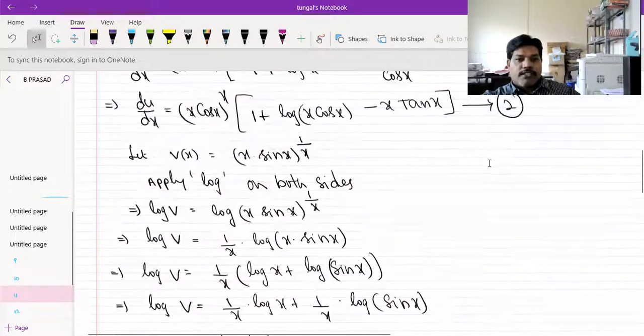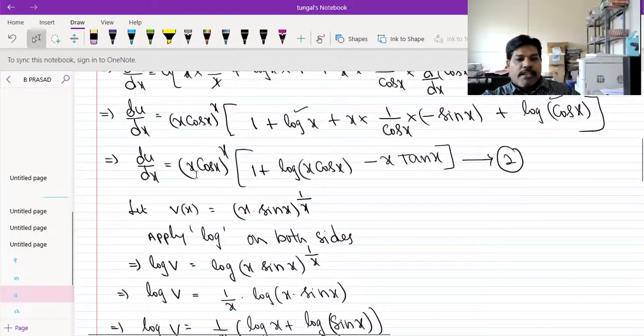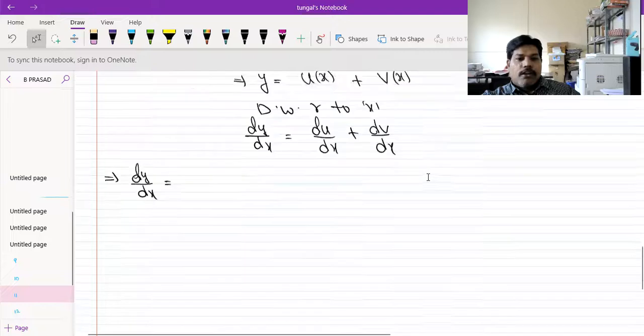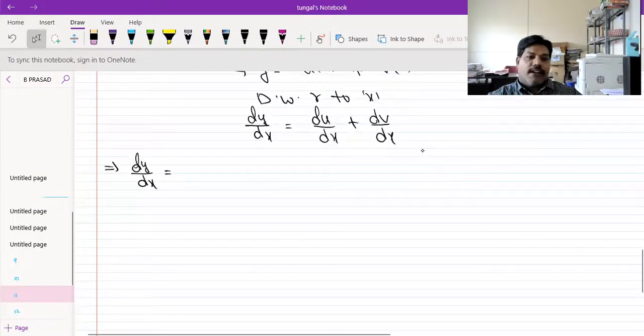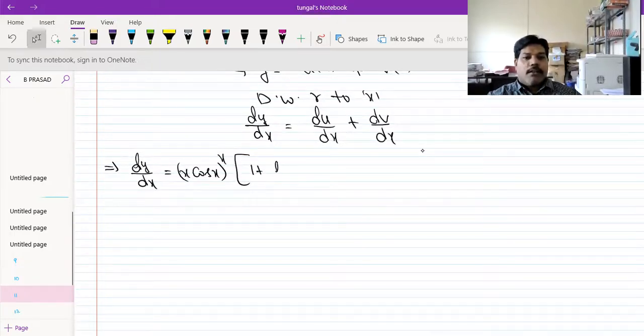The du by dx value is (x cos x)^x into 1 plus log of x cos x minus x tan x. So du by dx value you will get (x cos x)^x into 1 plus log of x cos x minus x tan x.